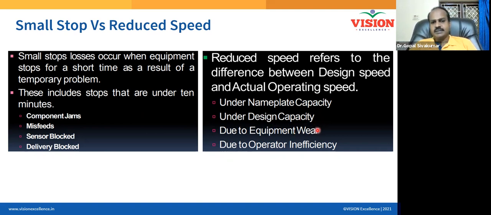And this happens due to the wear and tear of the equipment. It happens due to the inefficiency of the operator, right? So there are small stop, there are reduced speed. What is small stop? Stopping the machine for less than 10 minutes. But reduced speed means the difference between the design speed of production versus the actual speed of production.